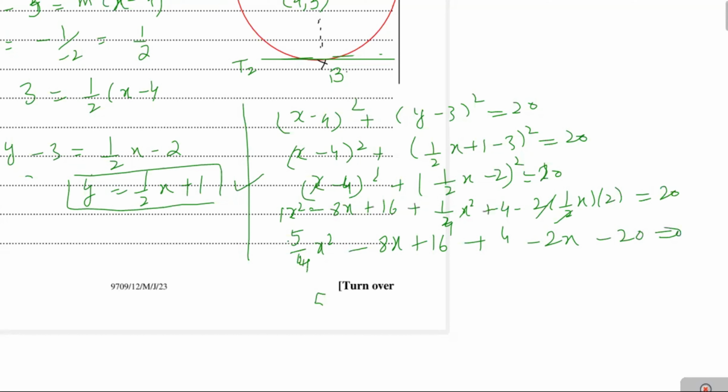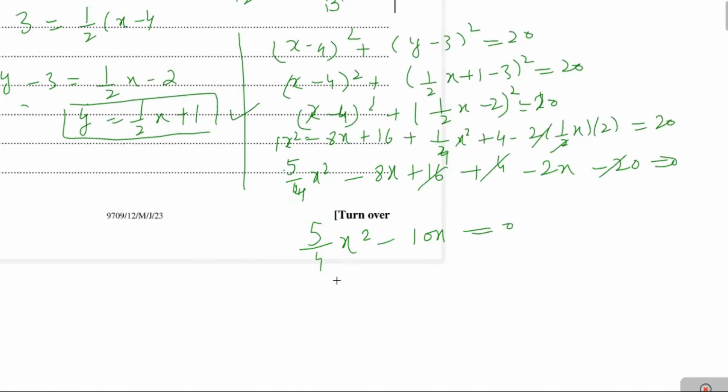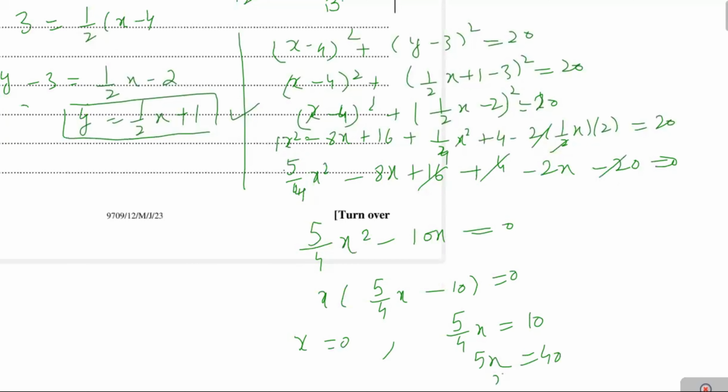We get 5 over 4x square minus 10x, since plus 20 minus 20 cancels, equal to 0. Therefore x into 5 over 4x minus 10 equal to 0, so x equal to 0, or 5 over 4x equal to 10, 5x equal to 40, x equal to 8.